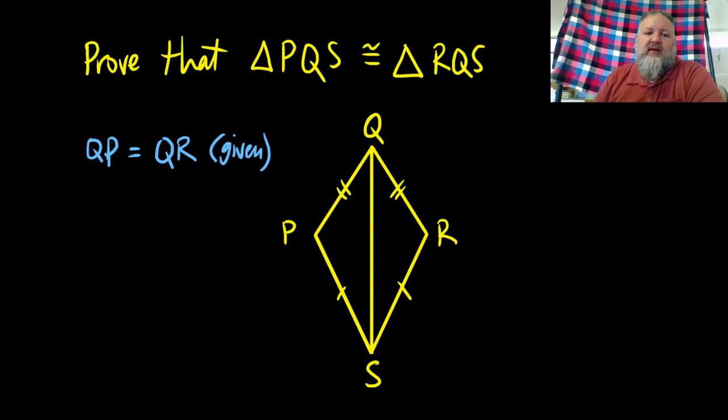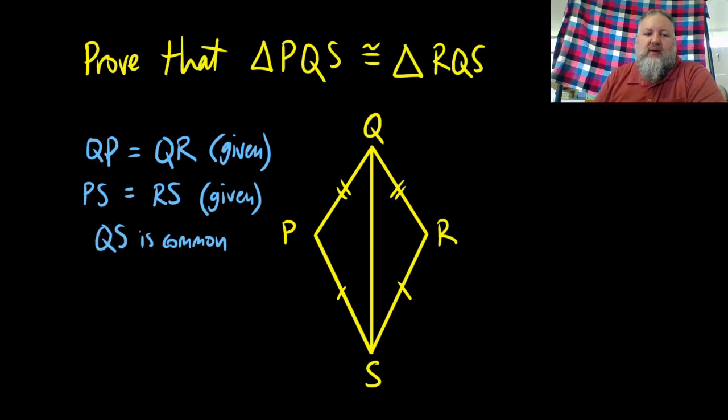That also means that PS down here and RS are also the same length, and that is also given. The next line is QS, and QS is shared between both triangles, so we can say that QS is common to both of those triangles.